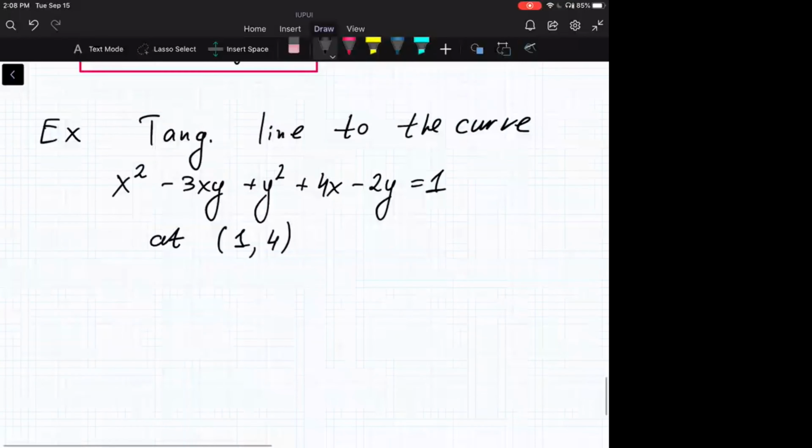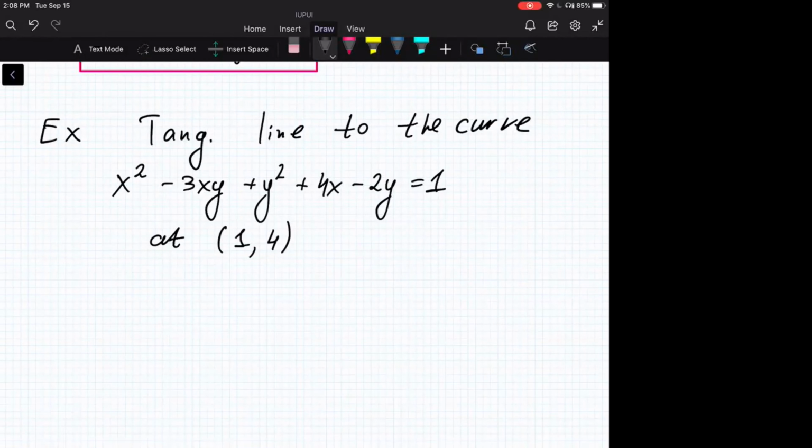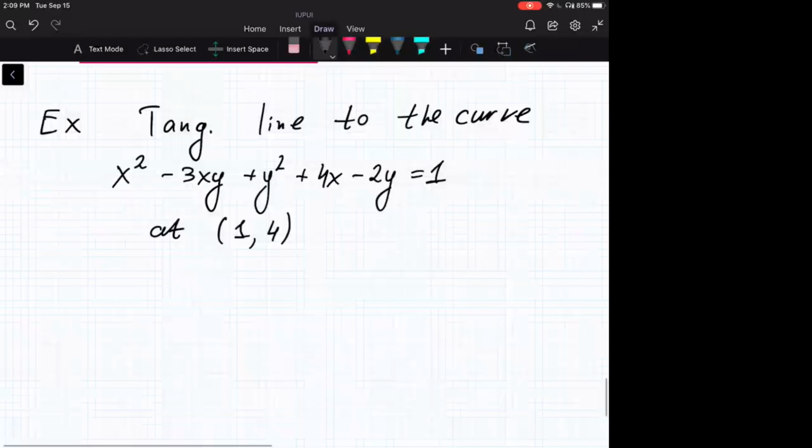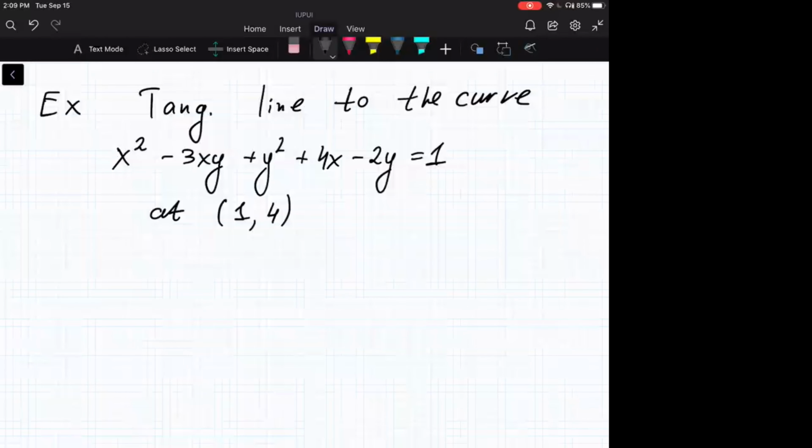Okay, so again, we remember that to find the slope of the tangent line, we need to calculate the derivative of the curve at this point. And so we need to find y prime at (1, 4).